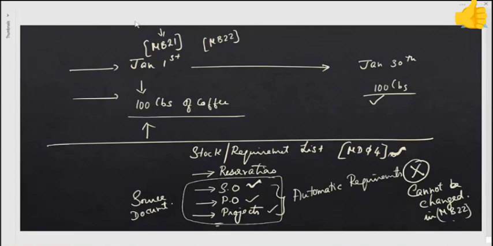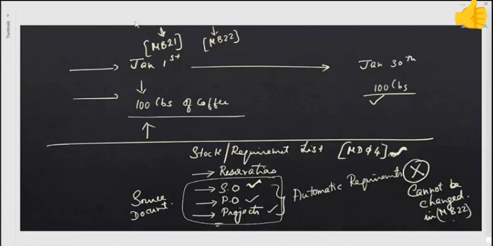Again, the key takeaway from this screen is any reservation that's created manually can be changed, but any reservation that's created automatically using source documents like sales order, production order, or projects cannot be changed in MD04. And what is MD04?